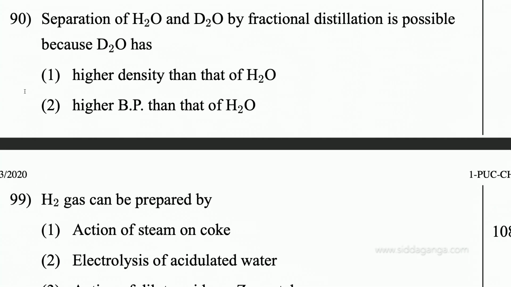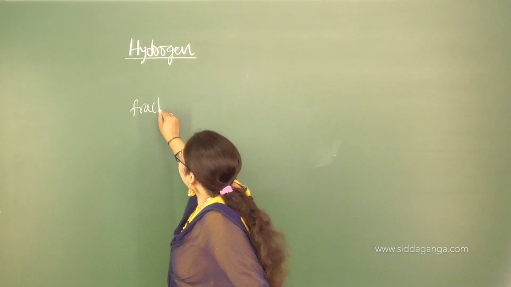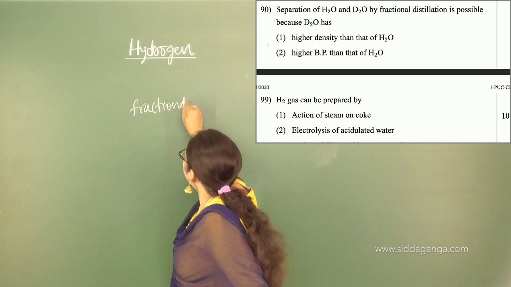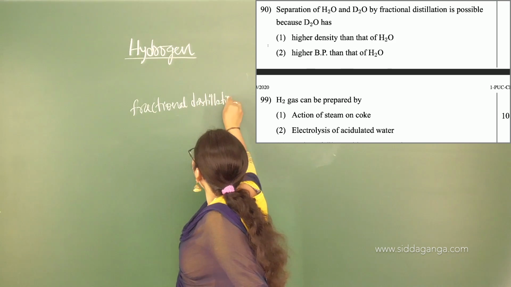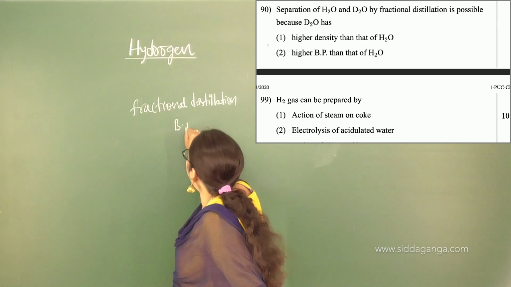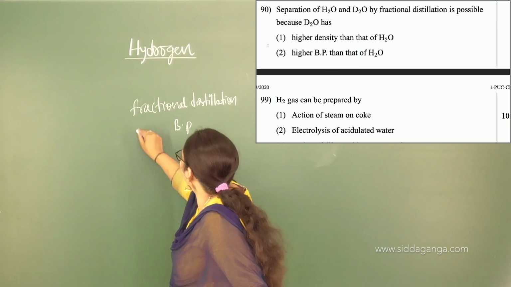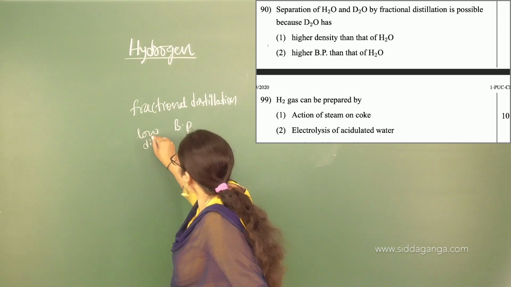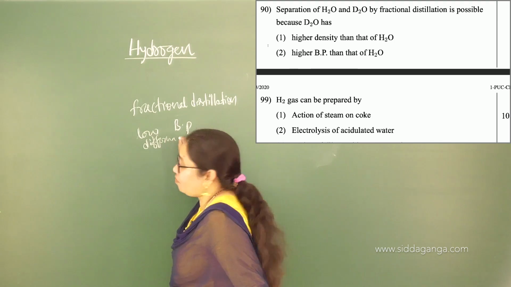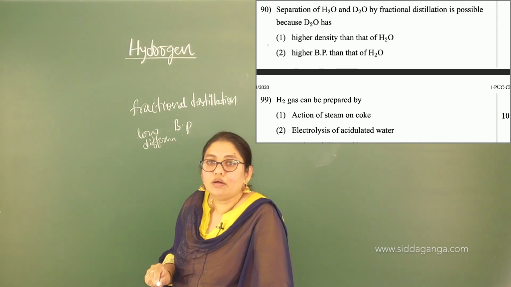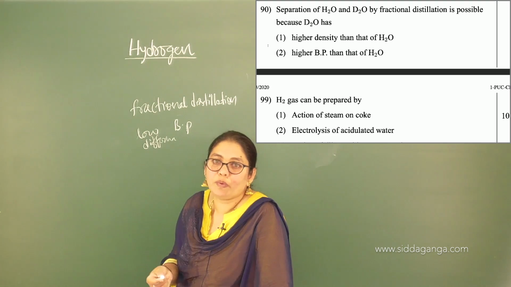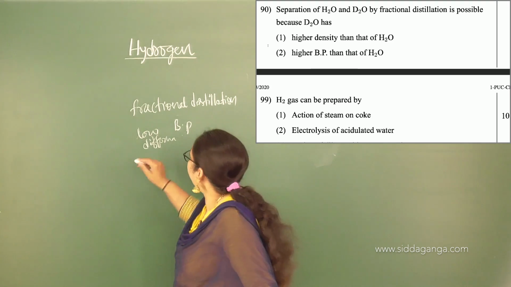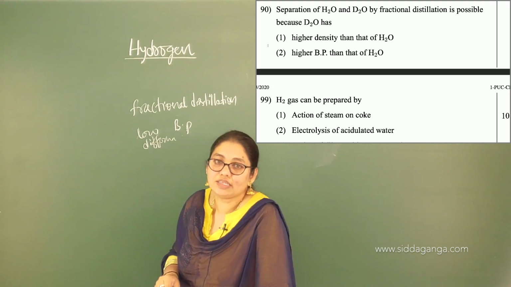Fractional distillation is a separation of compounds or solvents from one another based on their boiling points, and the difference between the boiling points should be very low. Then only they can be separated from one another. But here the heavy water has a higher boiling point than that of water. That's why it cannot be separated by fractional distillation.